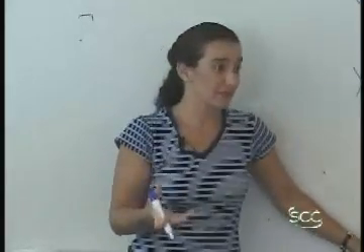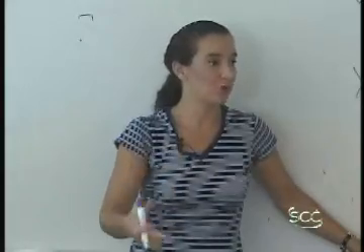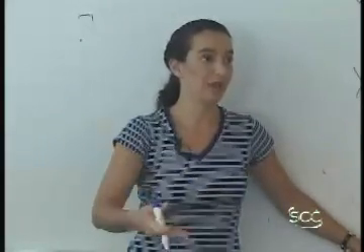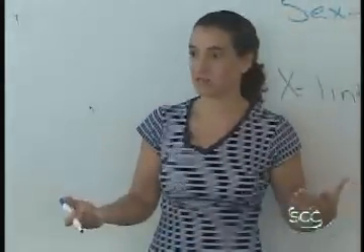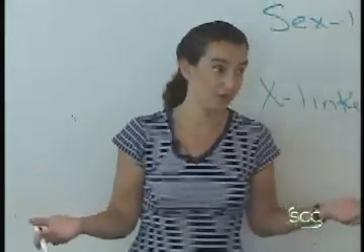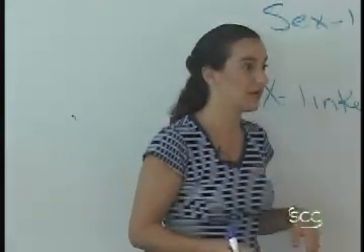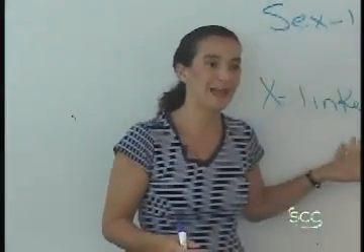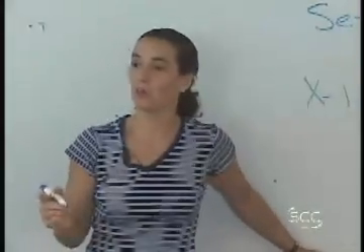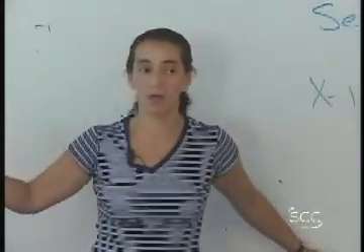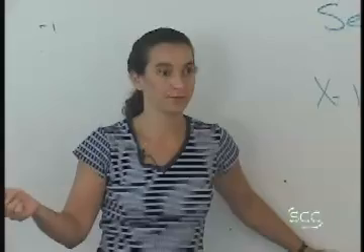When genes are linked together in general, that means they're going to show up together all the time that way. And so when it's linked to the X chromosome, that means anywhere there's an X chromosome, which is basically in males and females, you're going to see this form of inheritance. But when it's X-linked recessive, it usually shows up more predominantly in the male population.